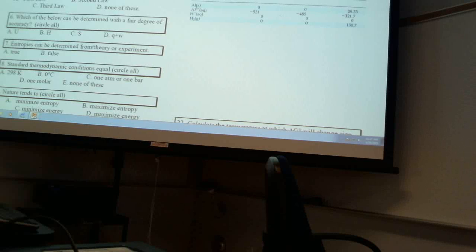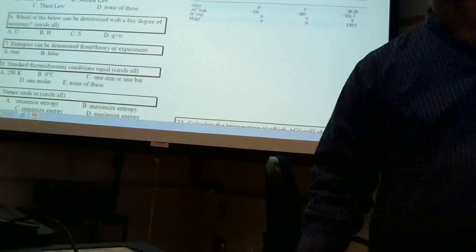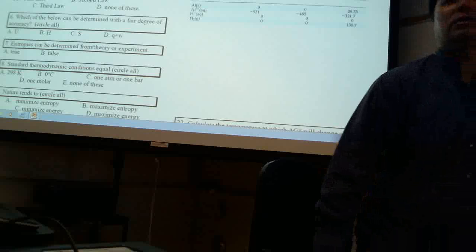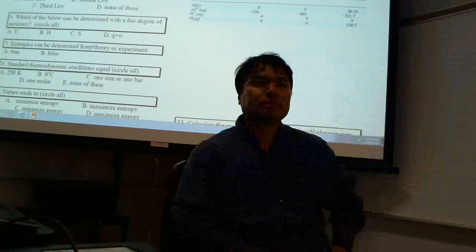S can also be determined theoretically by this equation. Do you recognize this one? This is the equation I'd give you. S is equal to k ln W. K is not the rate constant. K is called the Boltzmann constant, and this is called the Boltzmann equation.